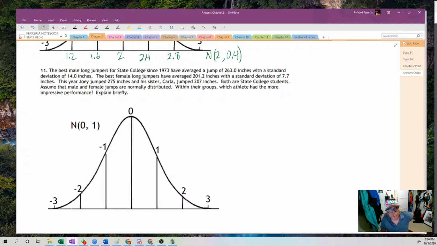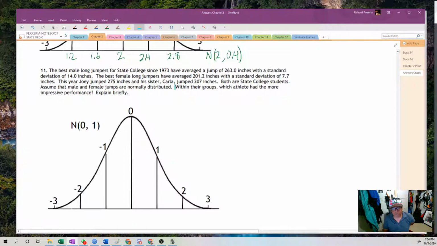This year, Joey jumps 275 inches and his sister Carla jumps 207 inches. Both are state college students, and since the male and female jumps are normally distributed within their groups, which athlete had a more impressive performance?